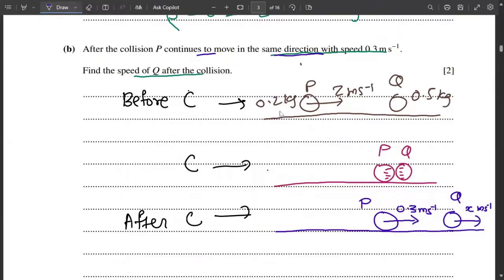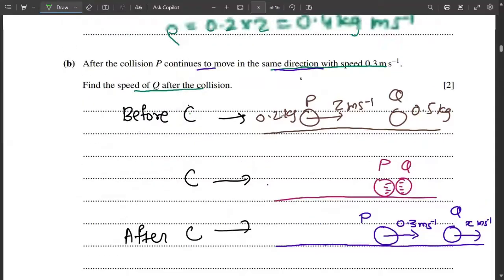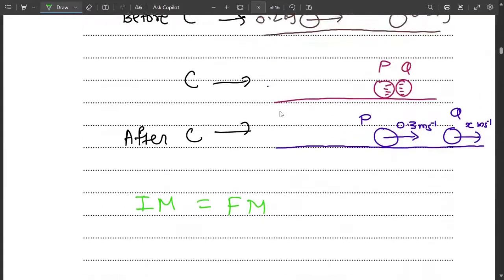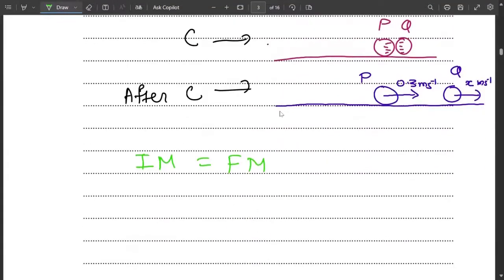Now the formula that we can use, and this is a pretty basic question, is initial momentum equals final momentum. I'm just writing IM equals FM here, but in the exam, you'll have to write initial momentum equals final momentum, in the entire words. So the initial momentum will be 0.2 into 2, because Q is still, so it will have no velocity and its momentum will be 0.